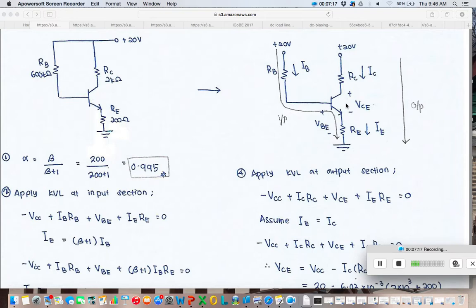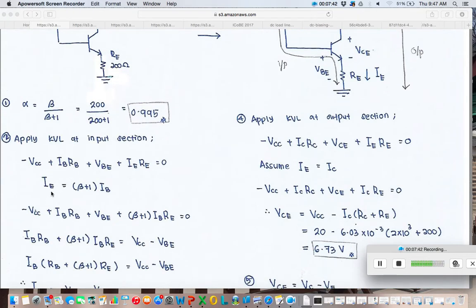And also put the plus minus VCE and plus minus VBE here. So again, you need to apply KVL at the input section. Very easy. It is minus VCC plus IBRB plus VBE plus, now you have another additional RE here, so it must be IE times RE equals 0.